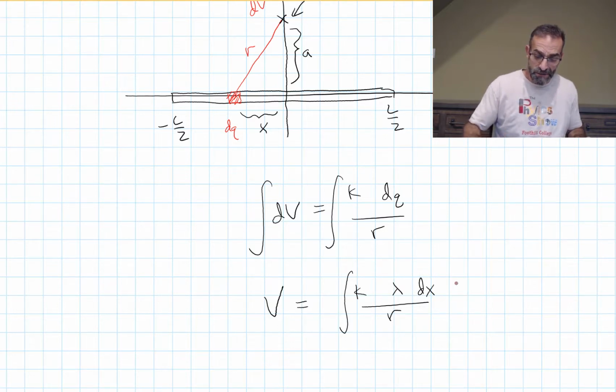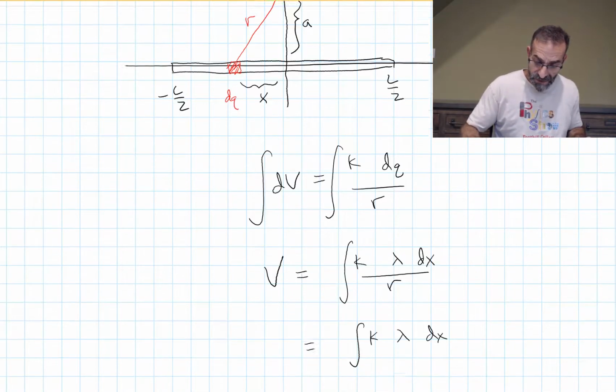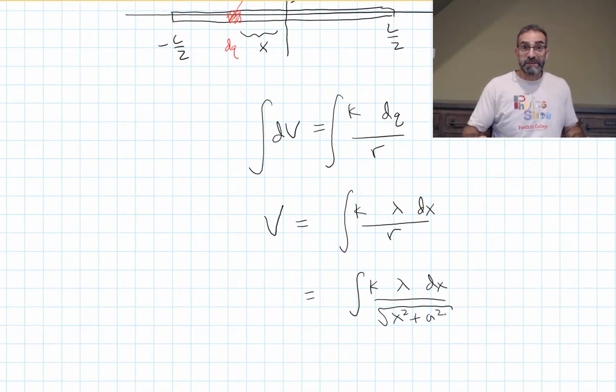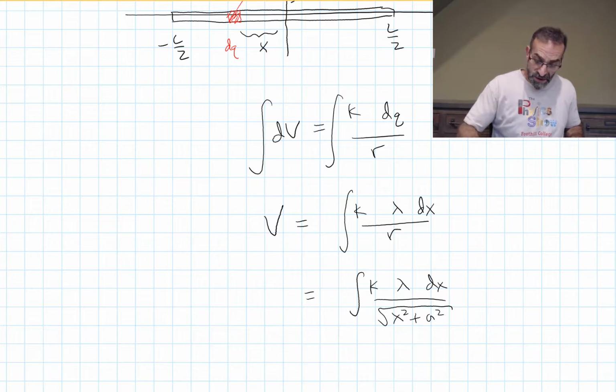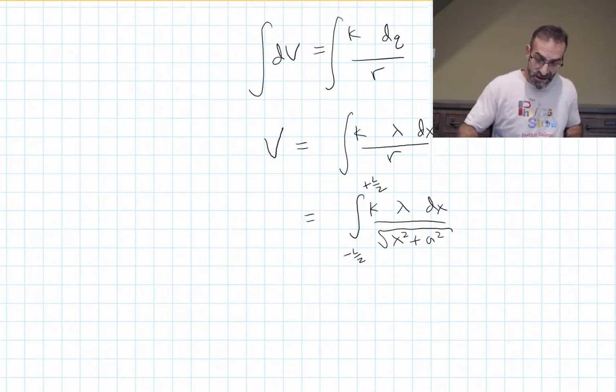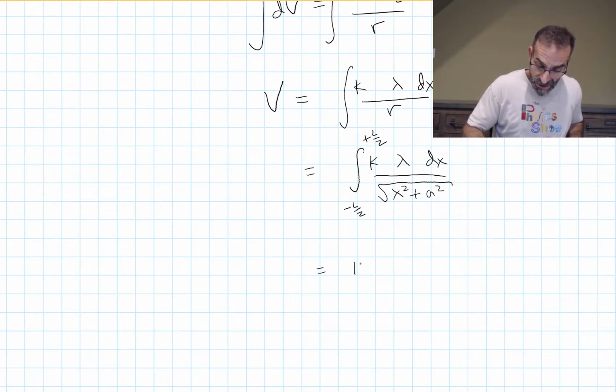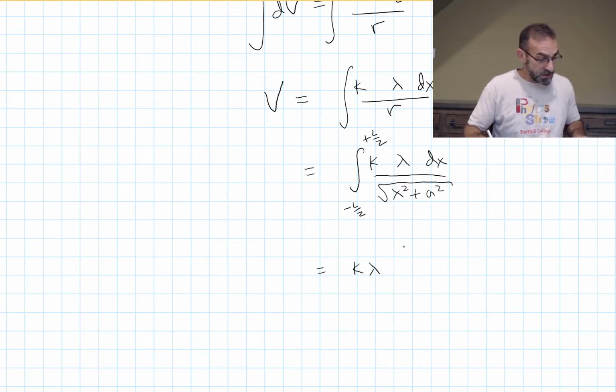So let's change our r into x's, and we can do that by looking at our right triangle. And we get the square root of x squared plus a squared for r. And we are integrating over the entire charge distribution from minus L over 2 to plus L over 2. Now I look this up on an integral table, and I got k times lambda. Those are my constants.